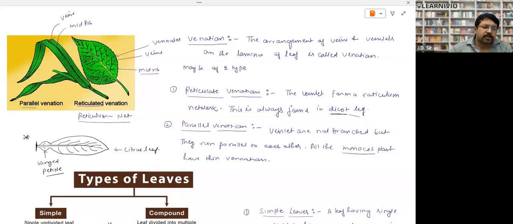Note down: the citrus leaf bears a small leaflet at petiole.